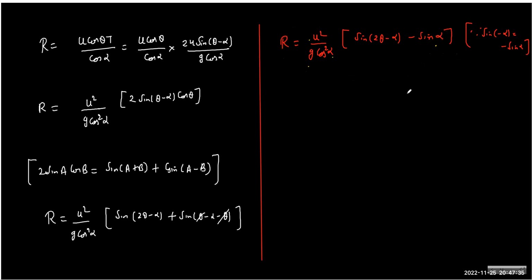Hello, hello, hello. Theta. R, alpha, u, g, all are fixed values, no? The angle of plane is fixed. U is fixed, g is fixed, everything is fixed. Only theta is variable.